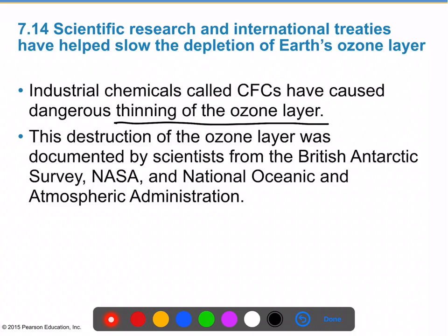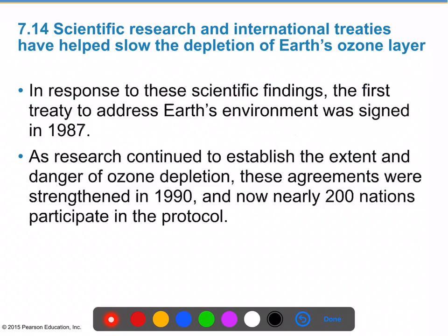And so we started doing something about it. So the CFCs thinned the ozone layer, and then we started documenting the thinning of that ozone layer. Agencies like the British Antarctic Survey, NASA, National Oceanic and Atmospheric Administration, all the scientists of these organizations documented the thinning of the ozone layer.